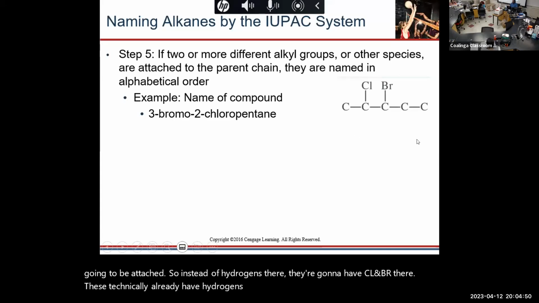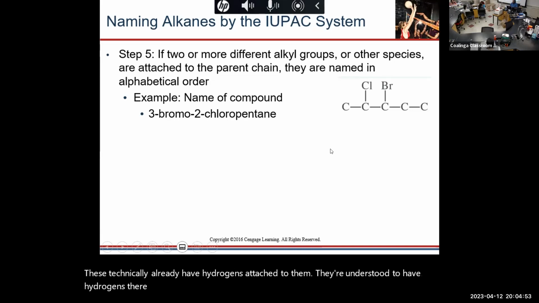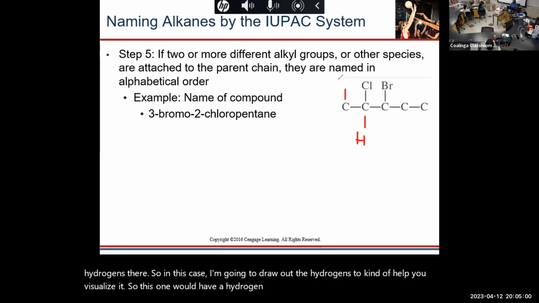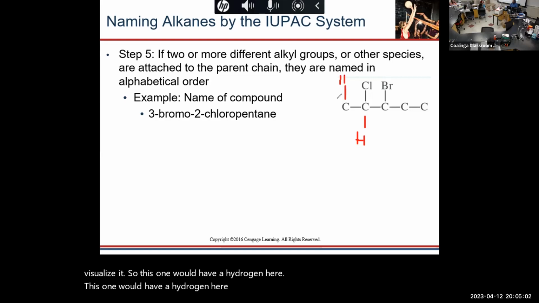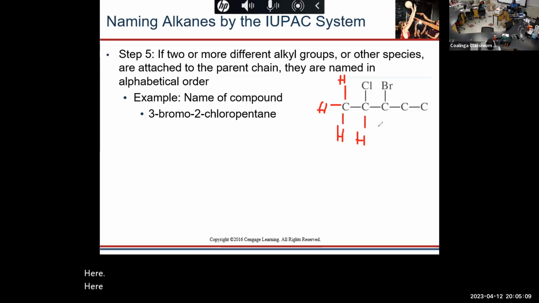In this case, I'm going to draw out the hydrogens to help you visualize it. So this one would have a hydrogen here, this one a hydrogen here, and here. Those are going to be all of our hydrogens. One at the end here.